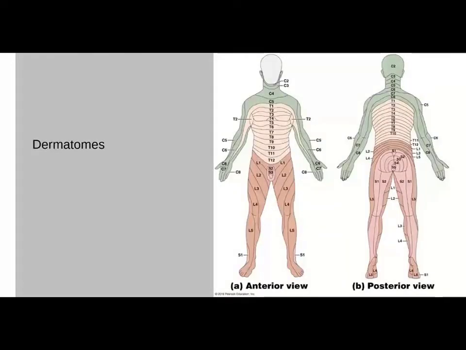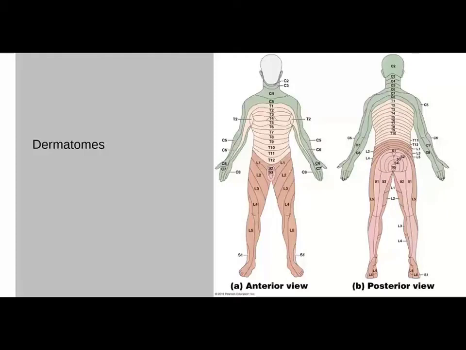In lab, when we looked at our spinal cord model, we saw that the nerves arose between two vertebrae, and we named those spinal nerves after the vertebrae where they arise. So just like we called the vertebrae things like C1 or cervical 1, C2, C3, or T5, T6, or L4, we give the same names to spinal nerves.